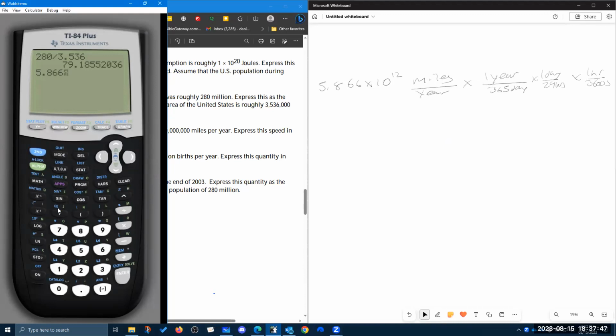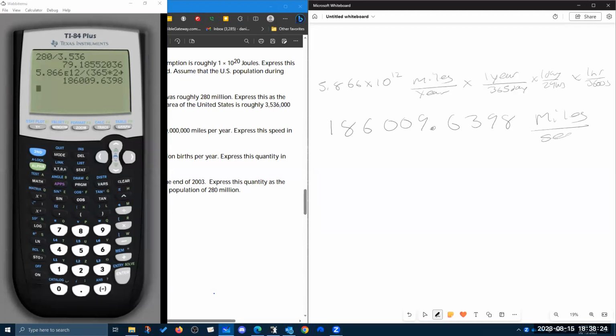So we're going to take 5.866 times 10 to the 12th. We're going to divide that by 365 times 24 times 3,600. There are our parentheses here. And we get 186,009.6398 miles per second.